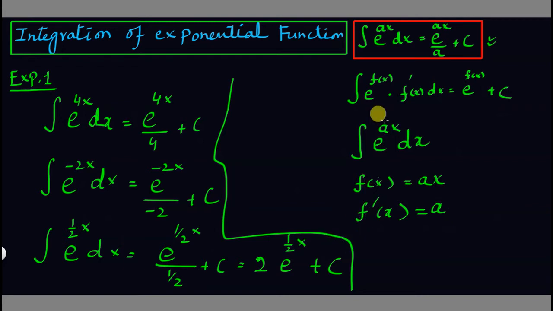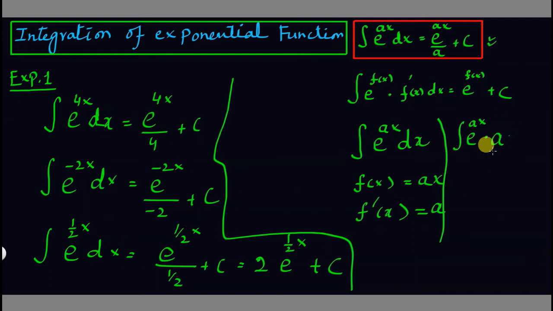It means if you substitute these values into the given formula, then what will you get? Then you will get e raised to power ax, and the derivative is a.